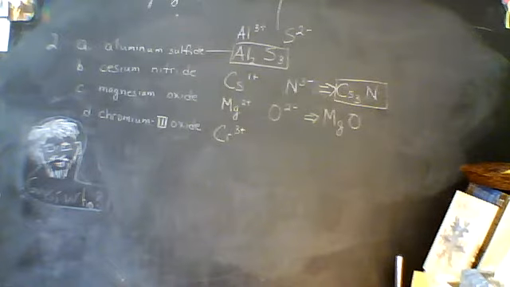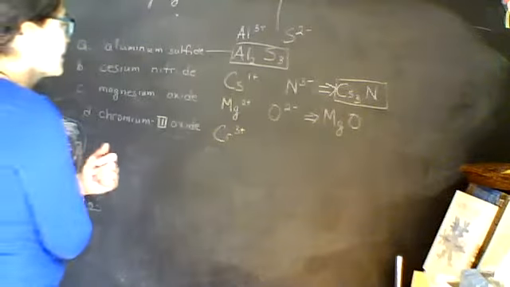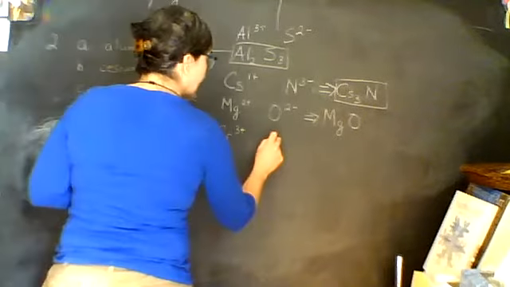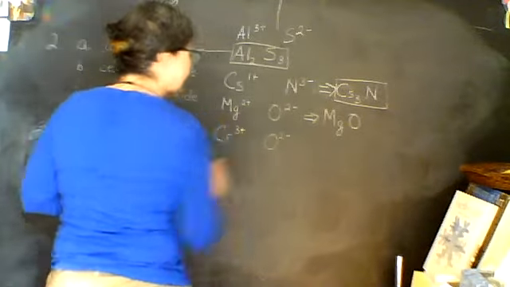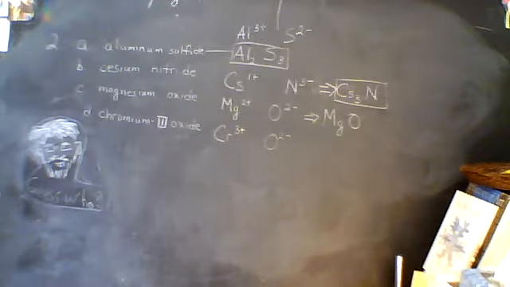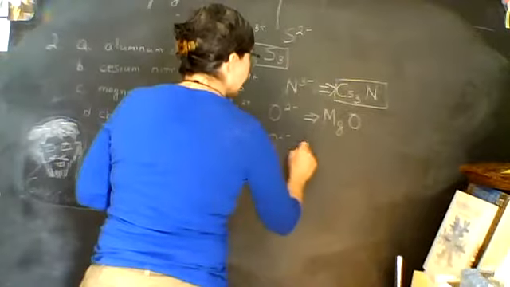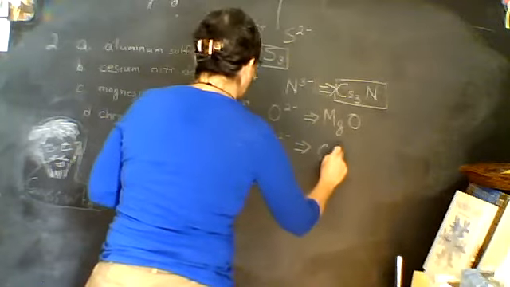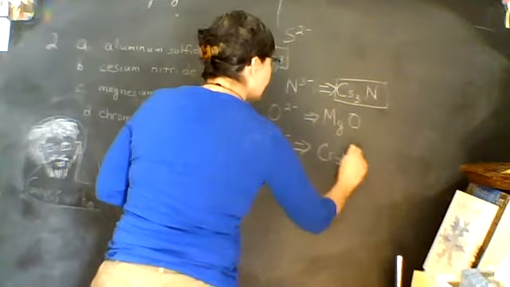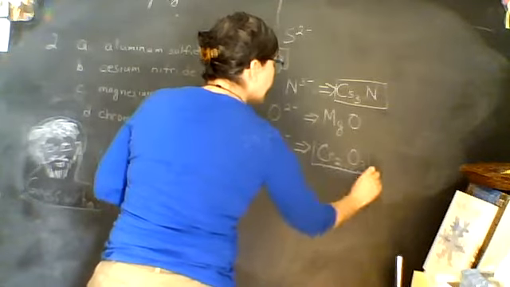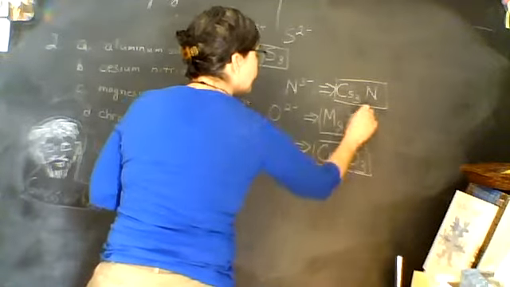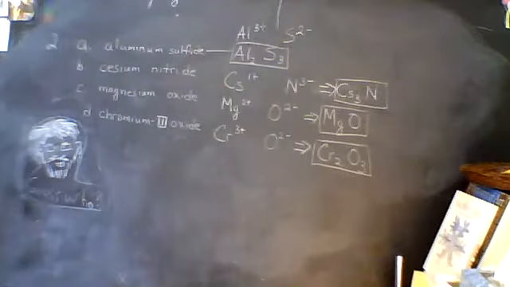With oxygen being in group 6A, it's, as we saw in the previous one, O2-. So now we're going to ignore the signs and switch the numbers, which leads us to Cr2O3.